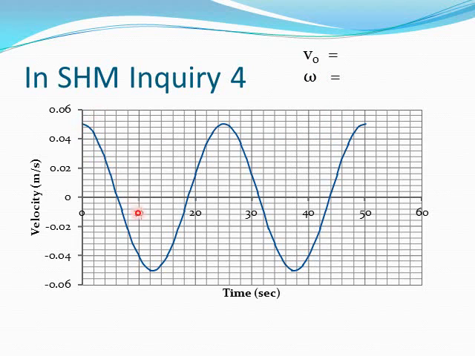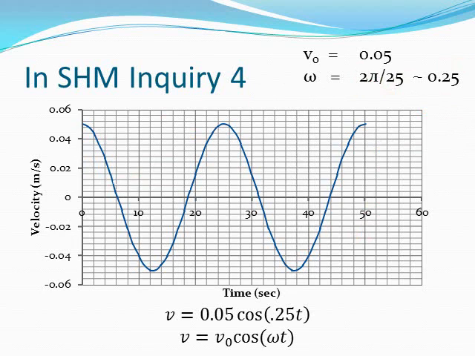The period appears to be the exact same as the period for the previous graph, so therefore the frequency will also be the same, and so will the angular frequency. So 0.05 is the maximum velocity here, or the mathematical amplitude of this graph, and the angular frequency is the same value.